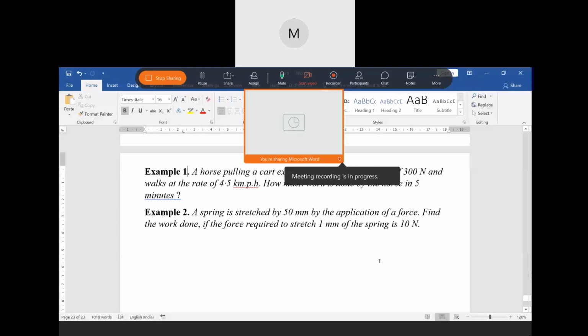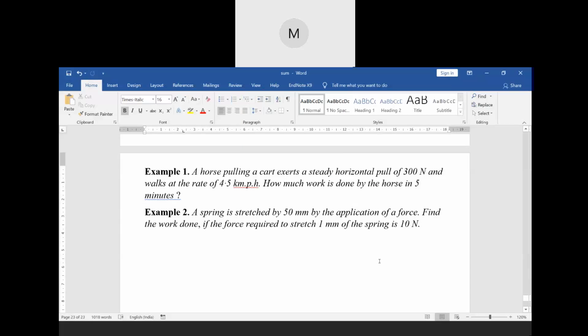So now we will try to do two numericals today. You will have to try them on your own. These are very easy numericals. Can you see this slide of the question, students?